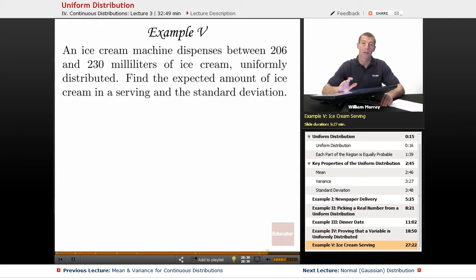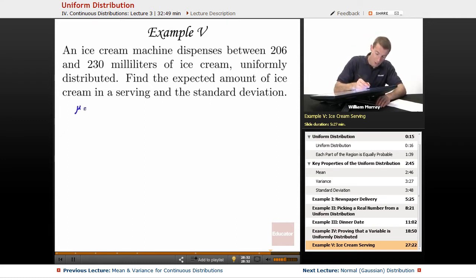So we're trying to calculate the expected value or the mean of this uniform distribution and also the standard deviation. And I gave you formulas for those a few slides back, in a slide called Key Properties of the Uniform Distribution. So you can go back and look those up. I'll remind you what they are here.